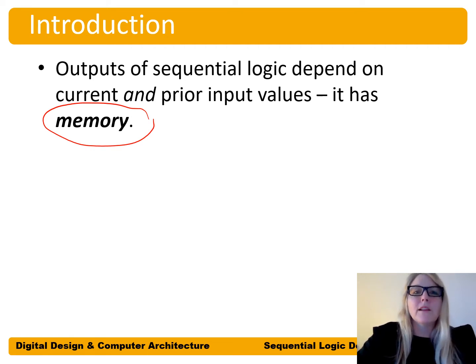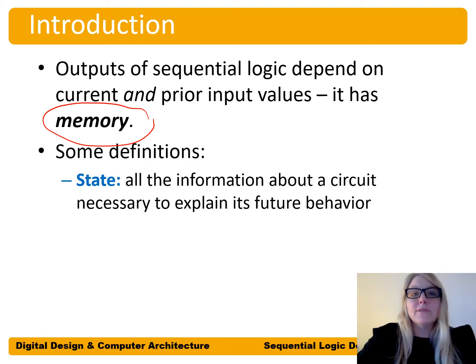So for example, on your smartphone, if you're entering a code, it has to use memory because it's not just remembering the current value of a code you're putting in, but the prior digit that you entered as well. And so we need sequential circuits because they can remember what the prior inputs were.